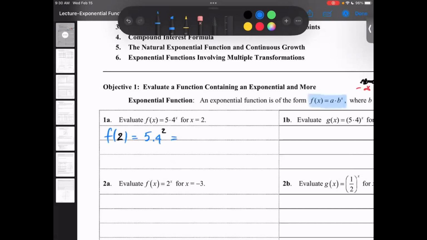Order of operations: do you take 5 times 4 first, or square the 4 first? Yes, you square first. So 5 times 16. Did I say 14? I'm sorry, I'm still thinking about it. 5 times 16 is 80.